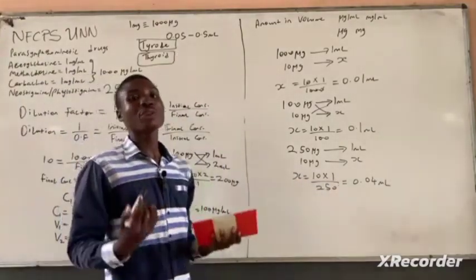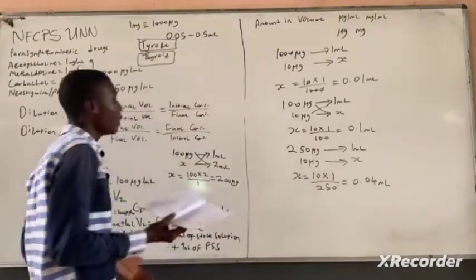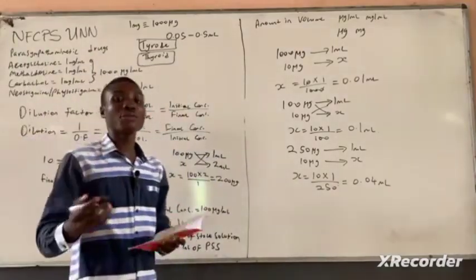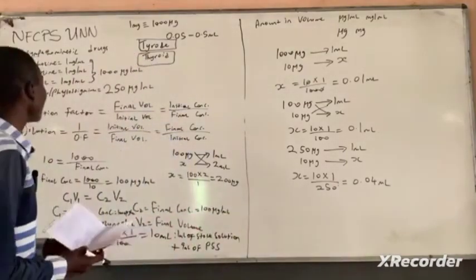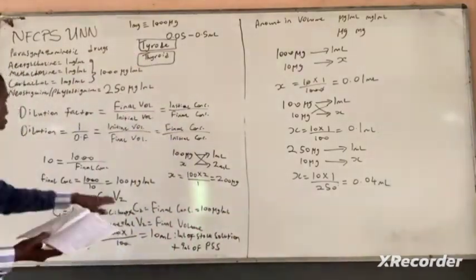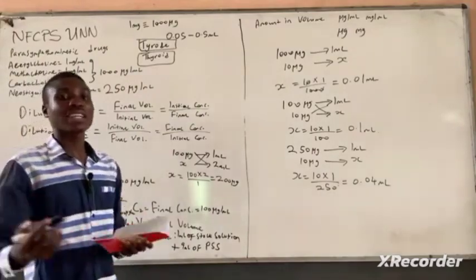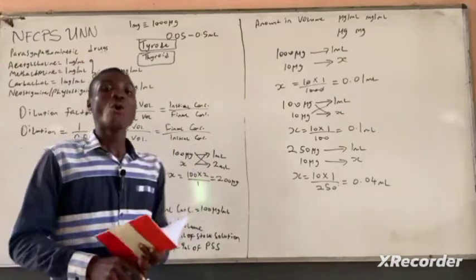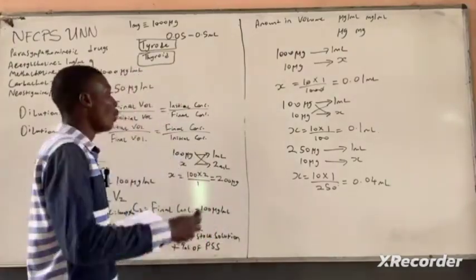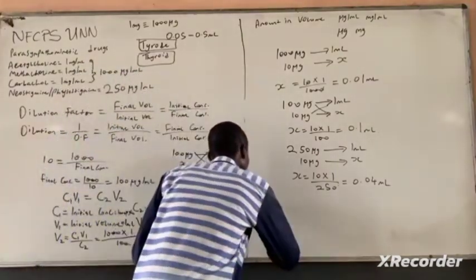You can choose how many fold dilutions you want to do, but for the sake of simplicity, we are going to do a serial dilution that reduces it from 250 to 100 microgram per ml. So for us to know what dilution factor that is, we want to do something like this.